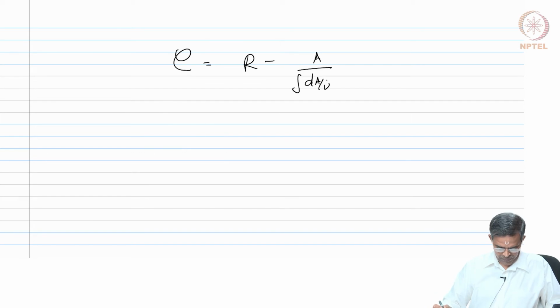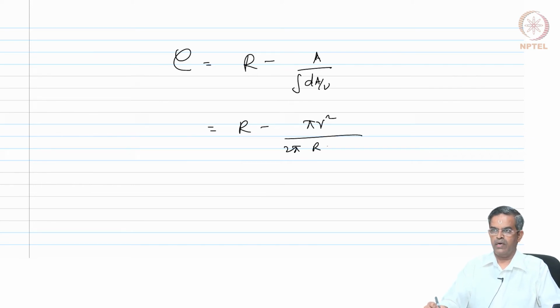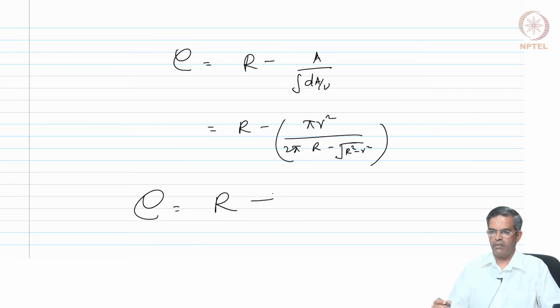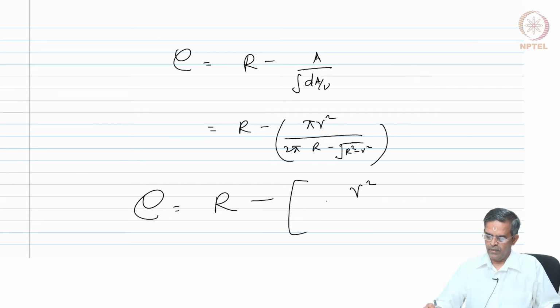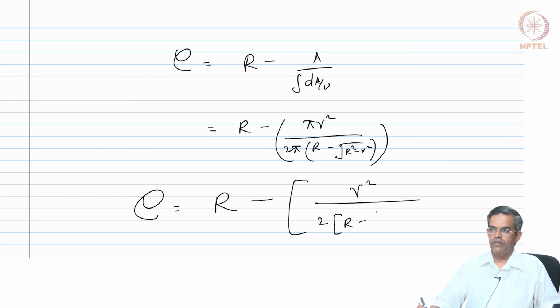So, therefore, E now becomes R minus A by integral dA by V, which is equal to R minus pi r square by 2 pi times R minus root of R square minus r square. So, therefore, E is R minus r square by 2 times R minus root of R square minus r square.